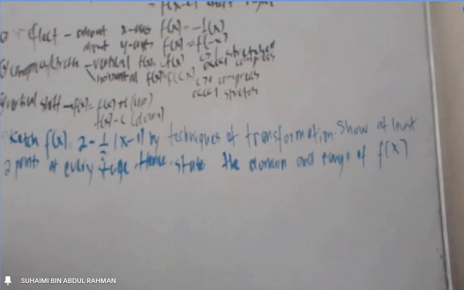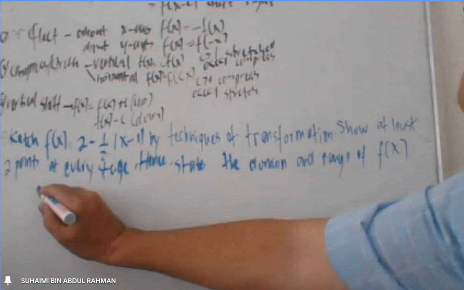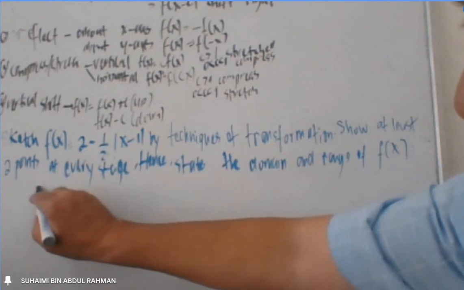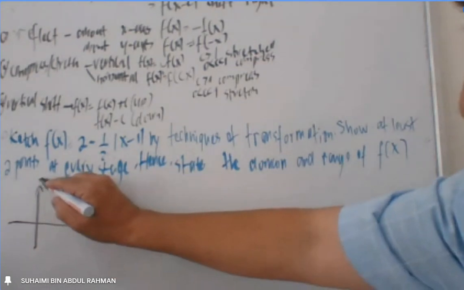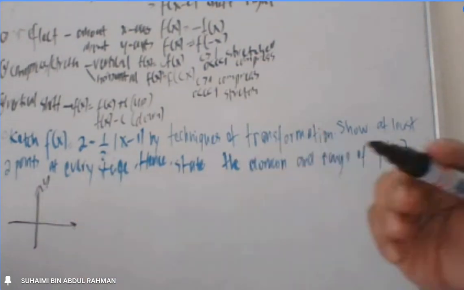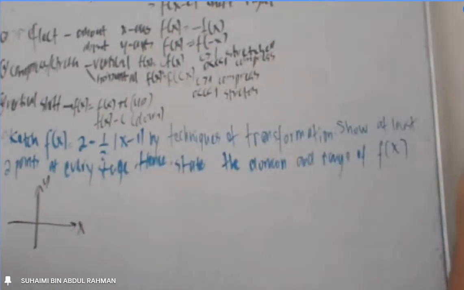So the one that we need to start with is the absolute value function. What is the shape of the absolute value function?